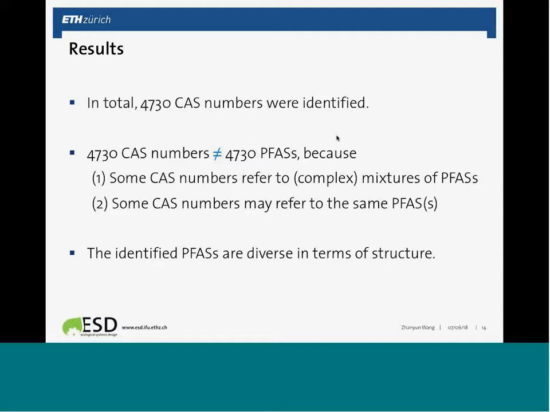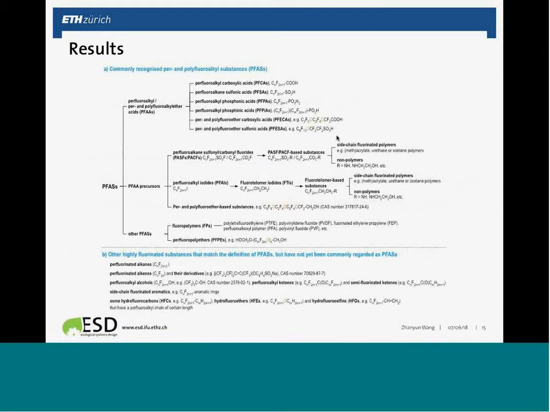I would also like to point out that the identified PFASs are very diverse in terms of structure. Here I will show you a figure that tries to group these PFASs based on the structure similarities among them. You don't need to look into the details; you will find this figure in the summary report of the method.